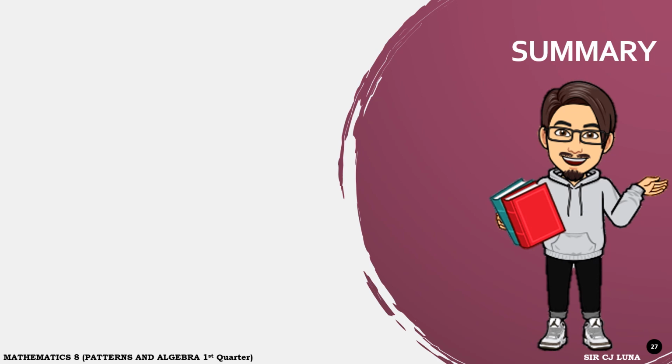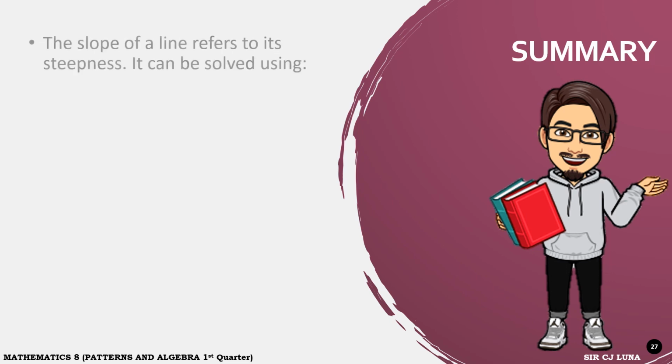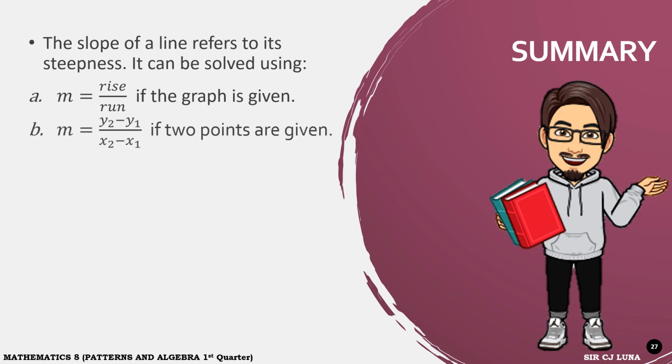So, that's all for slope of a line. Okay? So, let's summarize our discussion. The slope of a line refers to its steepness. It can be solved using, ayan, the formula rise over run, kapag ang given mo ay graph. Kapag naman ang given ay 2 points, we use this formula: y sub 2 minus y sub 1 all over x sub 2 minus x sub 1.